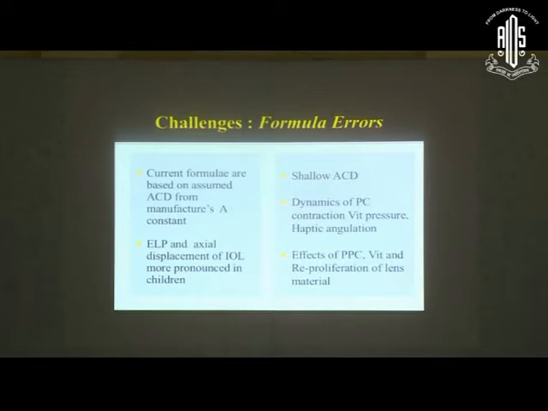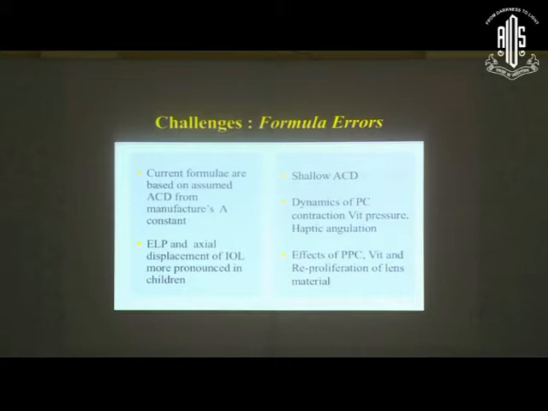The current formulas are all based on adult anterior chamber depth, which comes from the manufacturer's A constant, and these are all calculated for adult eyes. And we know the anterior chamber depth in children is shallower than that of adults. The effective lens position and the axial displacement of the IOL is more pronounced in children because of the stronger posterior capsule contraction and the vitreous pressure, which causes the effective lens position to be a little anterior.